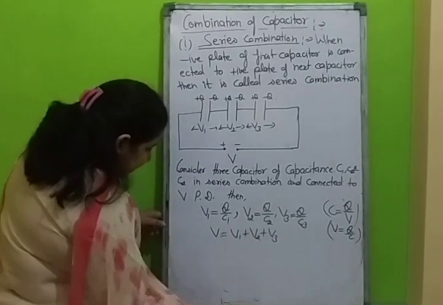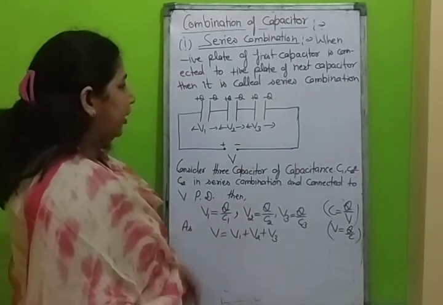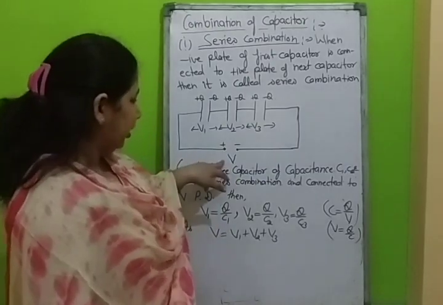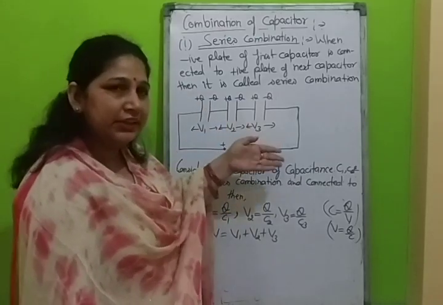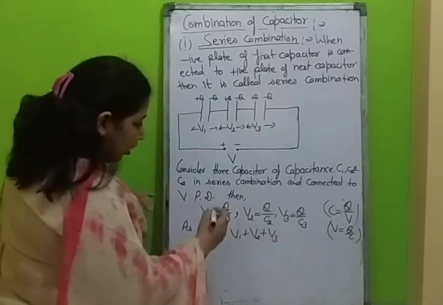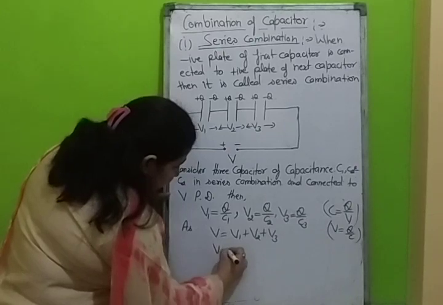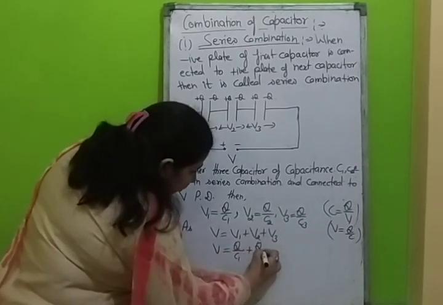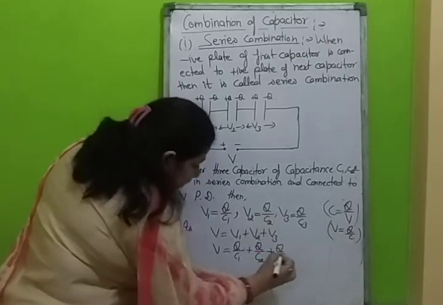If we connect four capacitors, then this potential difference is divided into four parts. Here we have connected three capacitors, meaning this V is divided into three parts. Now put the values of individual potential differences. V is equal to Q upon C1 plus Q upon C2 plus Q upon C3.